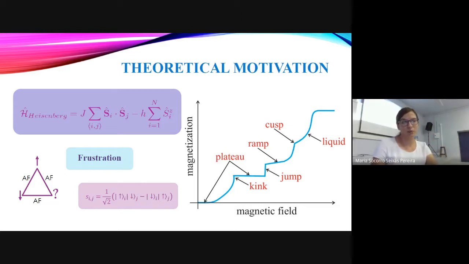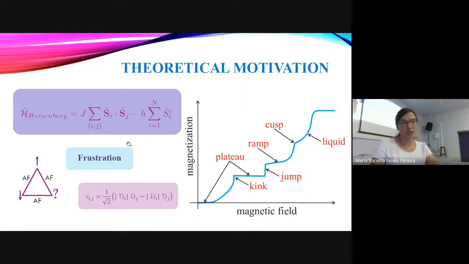That's the reason why other interactions can be neglected. And the second term is the magnetostatic energy of magnetic moments in an external magnetic field.